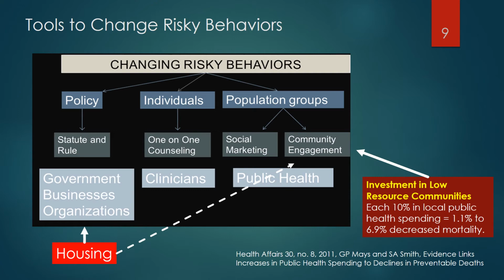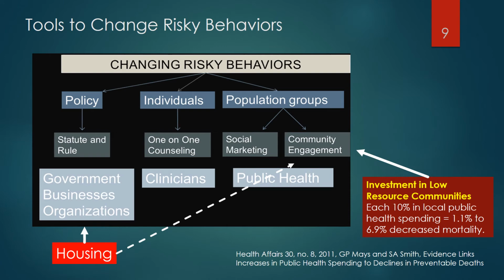Clinicians are trained in one-on-one counseling, another powerful strategy to change risky behaviors. Population-based interventions provided by public health is another potent impact on behaviors and can be divided into two tool subsets: social marketing and community engagement.